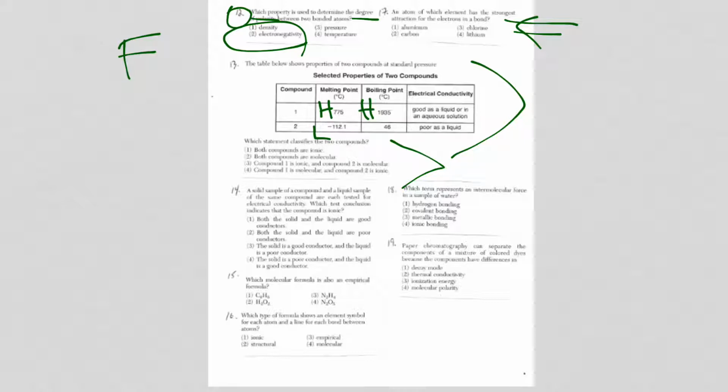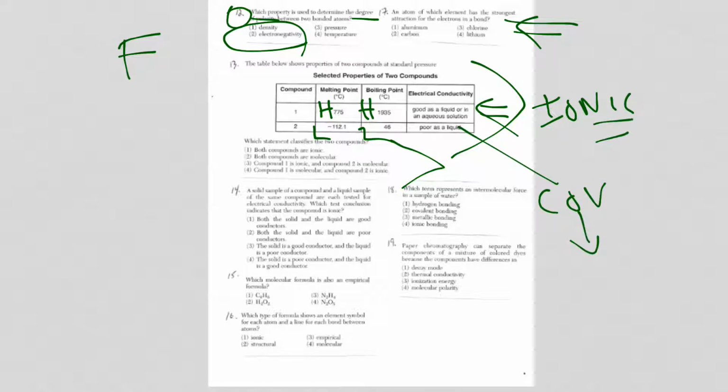Boiling point is high for number 1, low for number 2. And then electrical conductivity, good as a liquid or an aqueous, that's ionic. That's a fact. You just need to know that. And poor as a liquid, it's got to be covalent. And covalently bonded substances, of course, are molecules. So the answer is number 3.